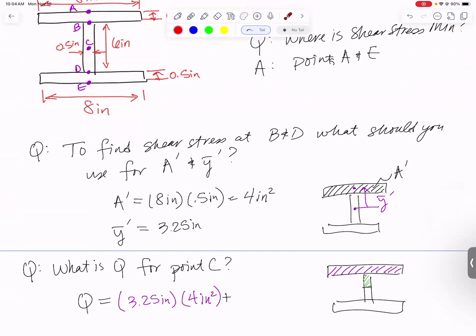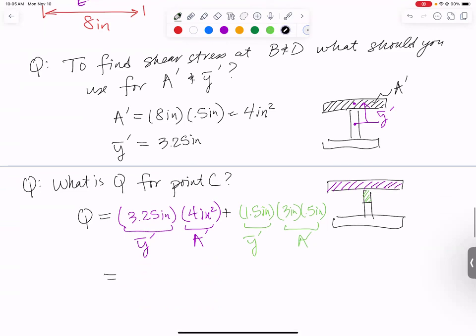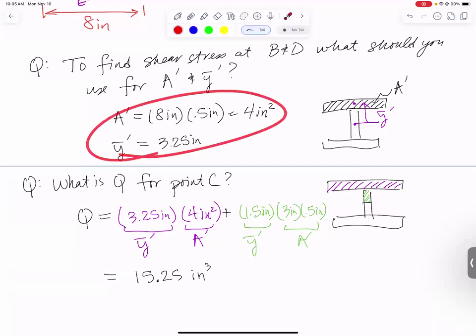And the Y bar prime is going to be the distance between the centroid of the whole shape C and the centroid of the little green rectangle, which will be 1.5 inches away. 1.5 inches. And then the area we decided was going to be 3 inches times 0.5 inches. For the purple area, this was Y bar prime and this was A prime. For the green shape, this was Y bar prime and this was A prime. You add those all up and you get a number. 15.25 inches cubed. And it should be bigger than what you would have gotten up here where you're only dealing with the purple area because we just added something else to it.